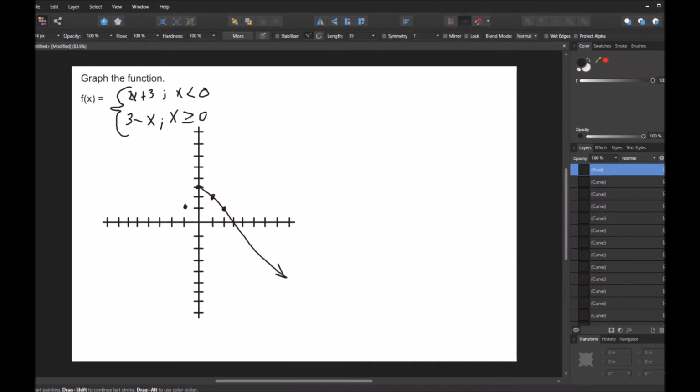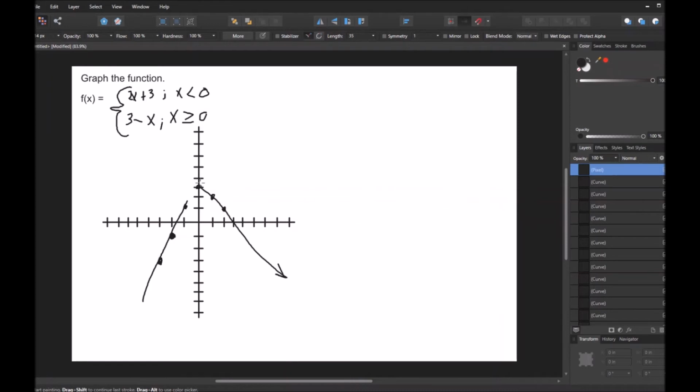Negative 4 plus 3 is negative 1. Then if we go to negative 3, for example, 2 times negative 3 is negative 6, and negative 6 plus 3 is negative 3. So we can go down here to negative 3. And so what we see here is we have another linear function, but this one has a slope of 2, so it's going to be a little bit steeper, but it's going to look something like that.